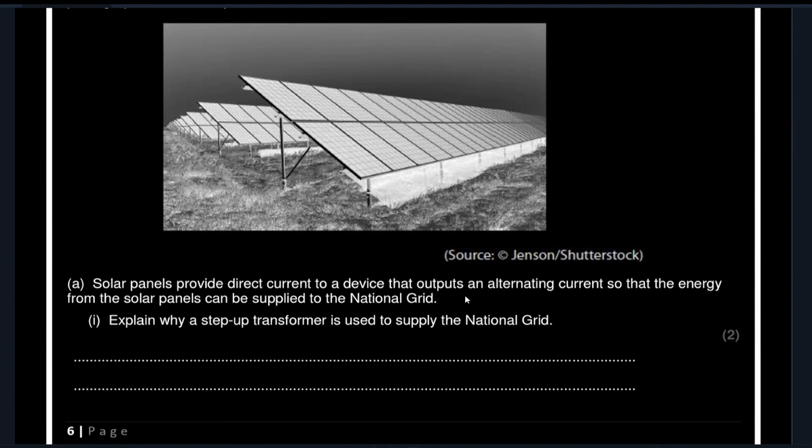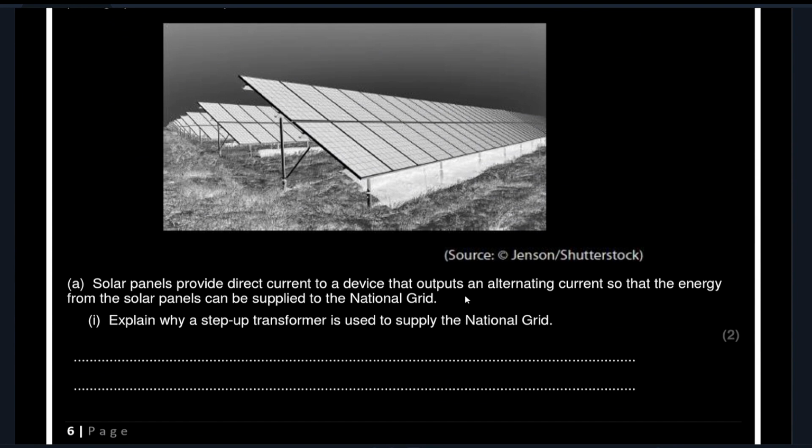So since this electricity is going to be transmitted through cables, then it has to be transmitted at a low current, so that it can reduce power loss through heating processes. So the step-up transformer steps up voltage. It increases voltage, and in the process, current decreases, so that electricity is transmitted at high voltage but low current.